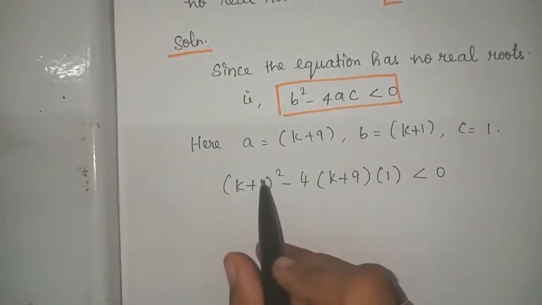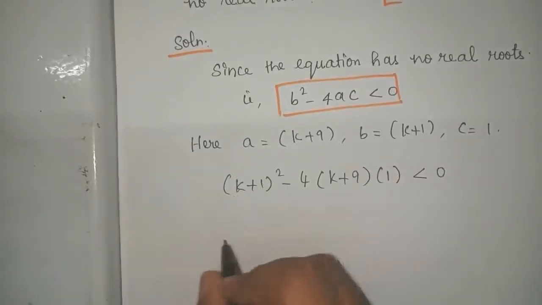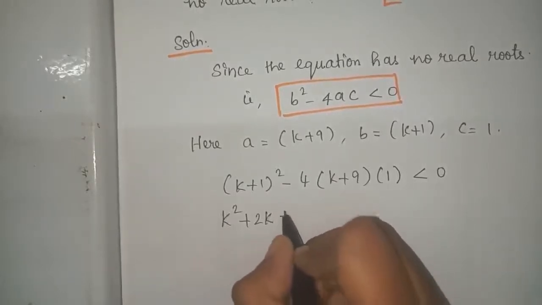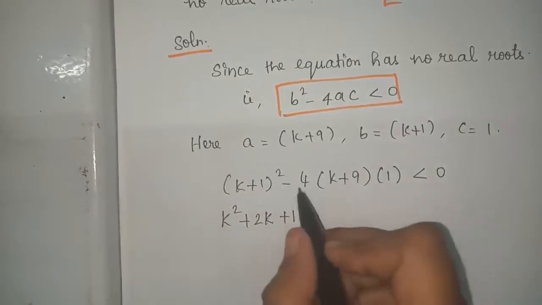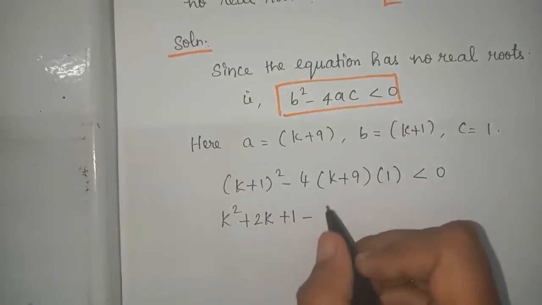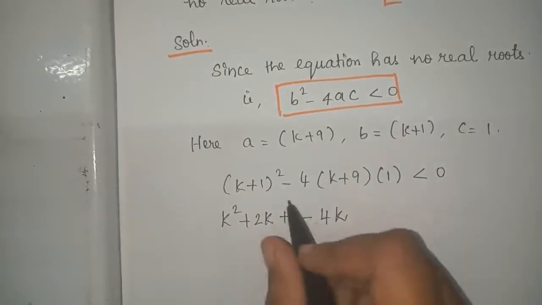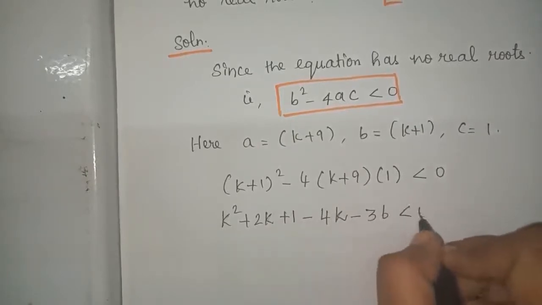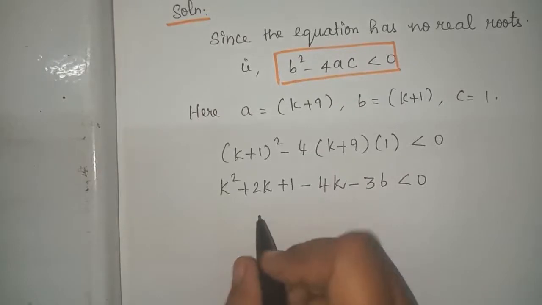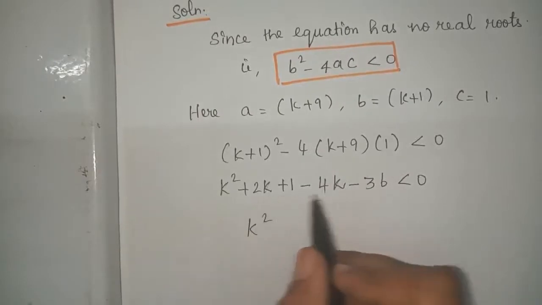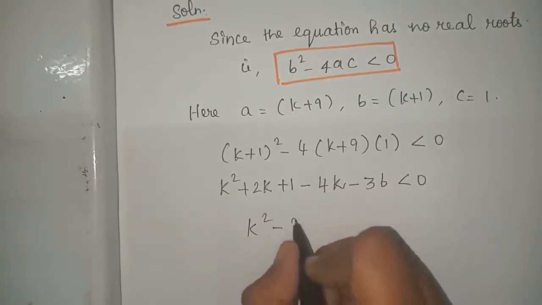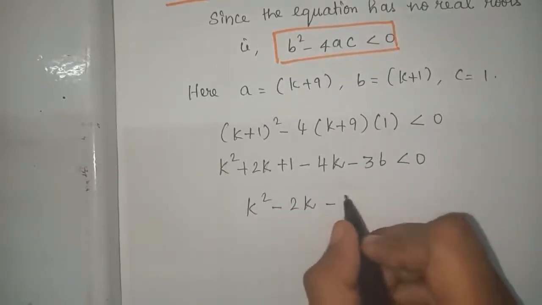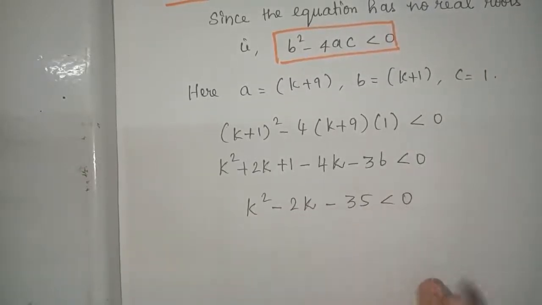So (k + 1)² is nothing but (a + b)², so k² + 2k + 1. You have to multiply this: minus 4 into k is 4k, and minus 4 nines are 36, which is less than 0. So k² + 2k − 4k is −2k, and 1 − 36 is −35, less than 0.